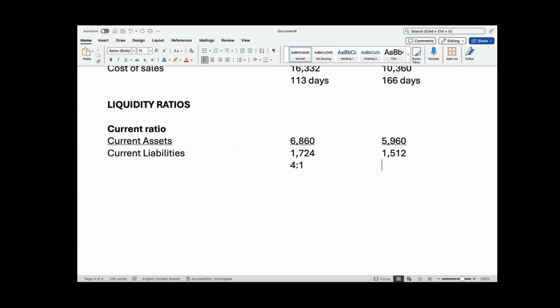How about 2022? 3.94 to 1, which is also about 4:1.